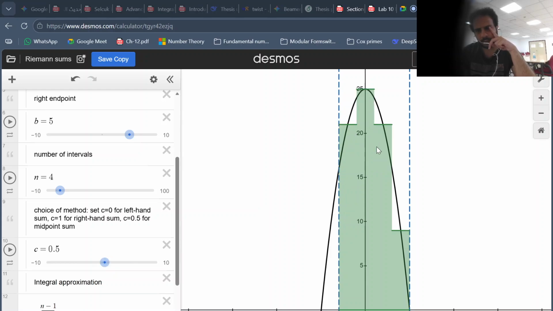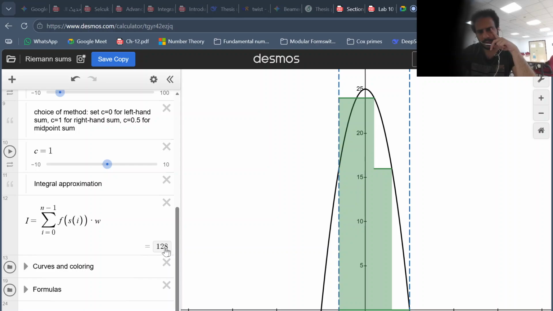We are using midpoint now. Now C equals 1 is right hand. Good. And here you have the exact result.